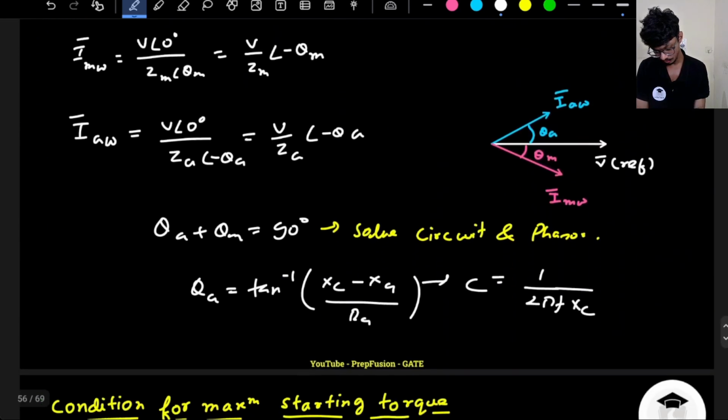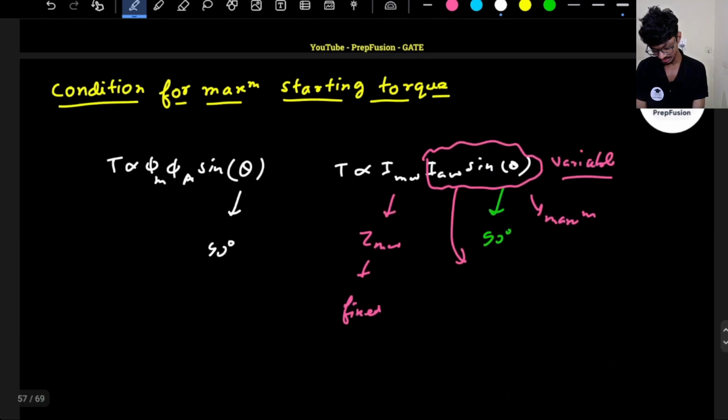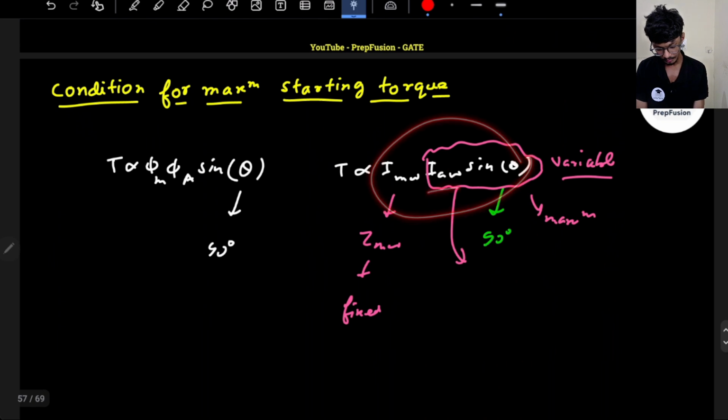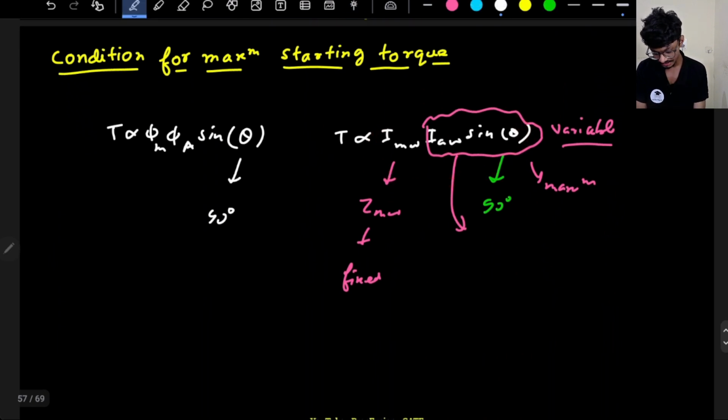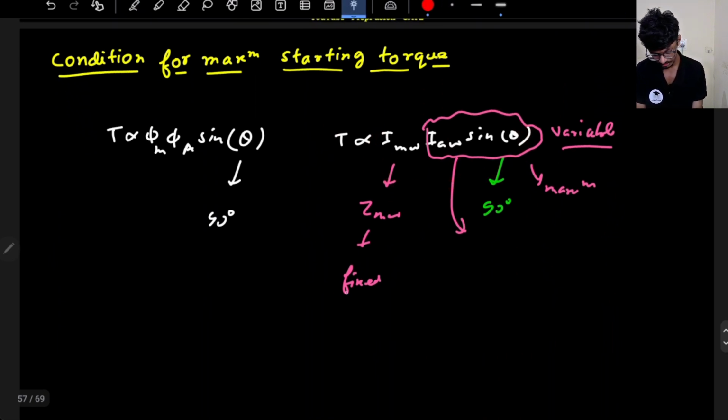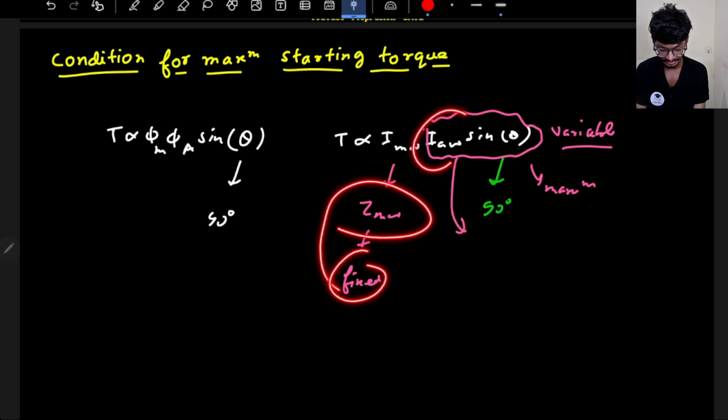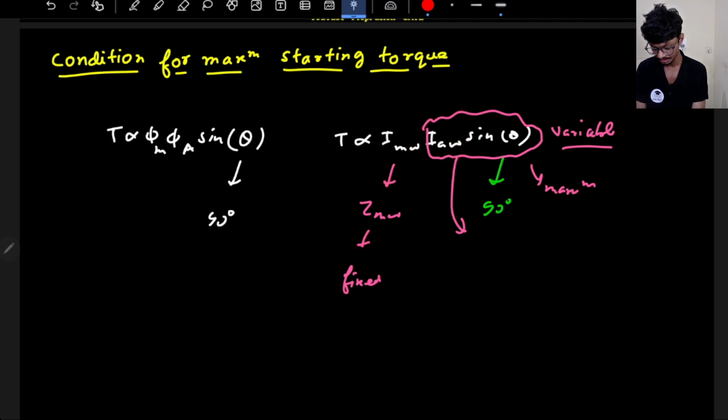How will you maximize? Main winding is fixed because Z_MW is fixed, but this is varying because your X_C is varying, so your reactance is varying, hence overall impedance is varying, hence the current also will vary.